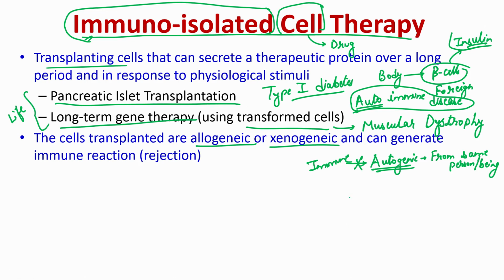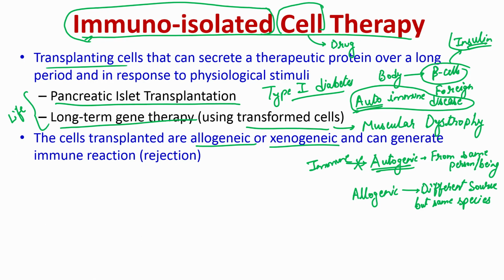Then there is allogenic, and what that means is from a different source, but the same species. So, maybe I am suffering from a disease and I do not have enough cells, so I take cells from any other human being.